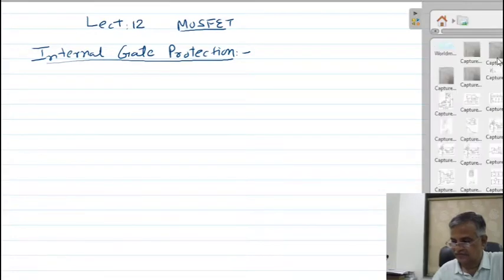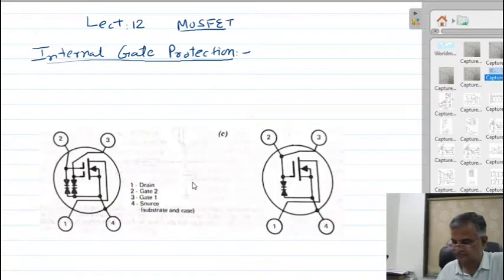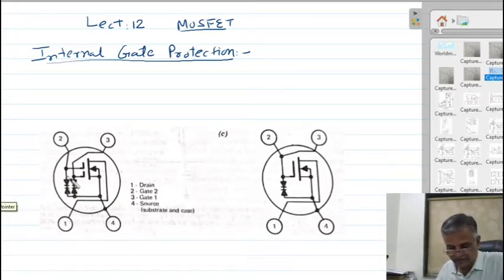See, I am showing the internal gate protection circuit here. In this circuit you can see this back-to-back diode, this face-to-face diode, is connected between gate and source.